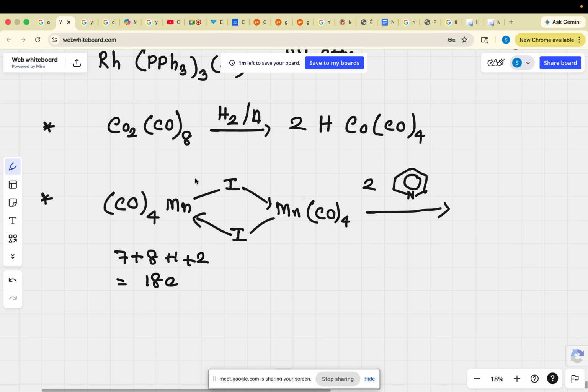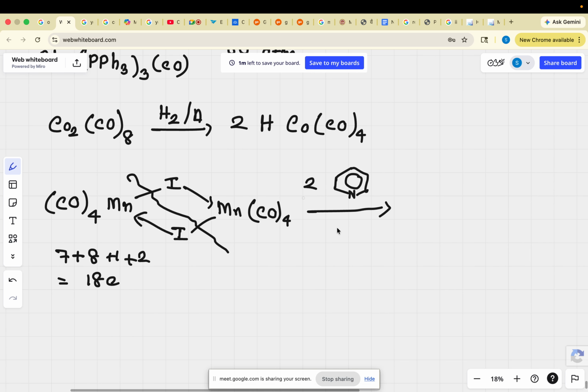So basically, in presence of pyridine, I have to break this covalent bond. If you break this covalent bond, what will you get? Just see for one manganese center what you are getting: CO whole 4 manganese iodine.